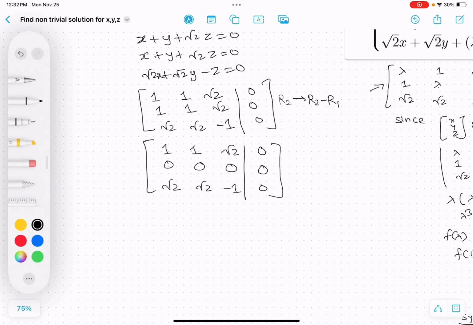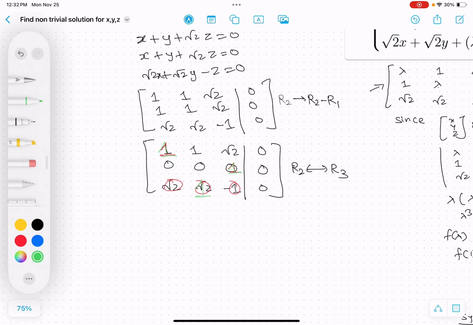Now, with the hope that we might get a 1 over here, we can swap row 2 and row 3. I just want to make sure that the 1 is in the middle. It's fine if there's a 1 and a 1 and the rest is all 0, but you cannot have a 1 over here, a 1 over here, and a 1 over here.